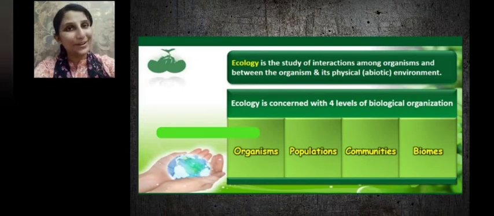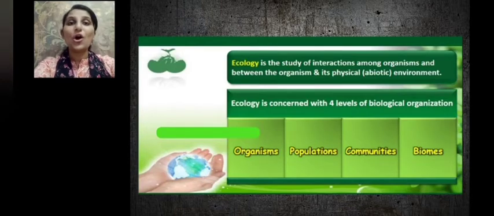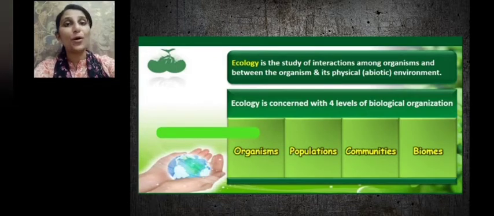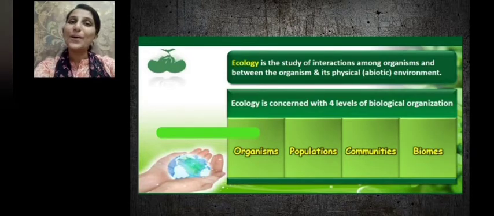It is the population. A group of organisms belonging to the same species and inhabiting a particular area is called a population, and they form the basic unit of a biotic community. So a group of organisms of the same species occupying a particular habitat is called a population. Then what are communities?